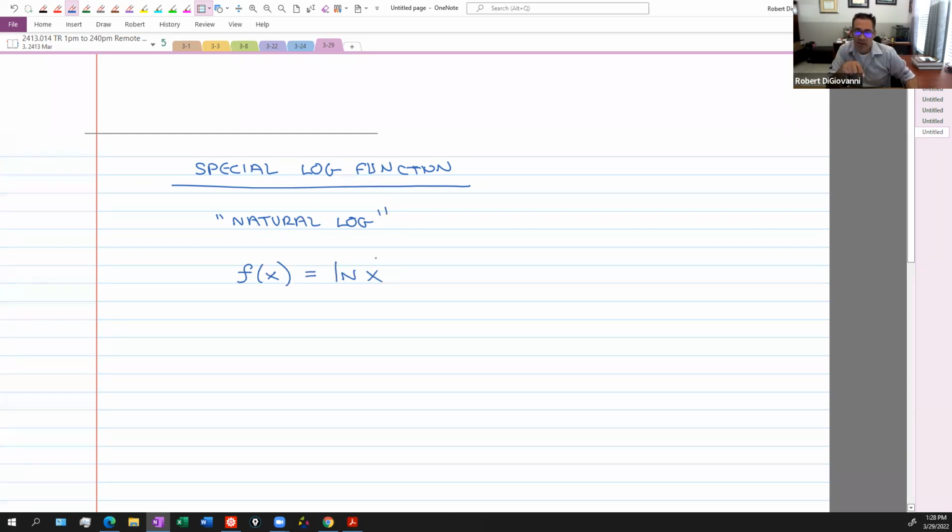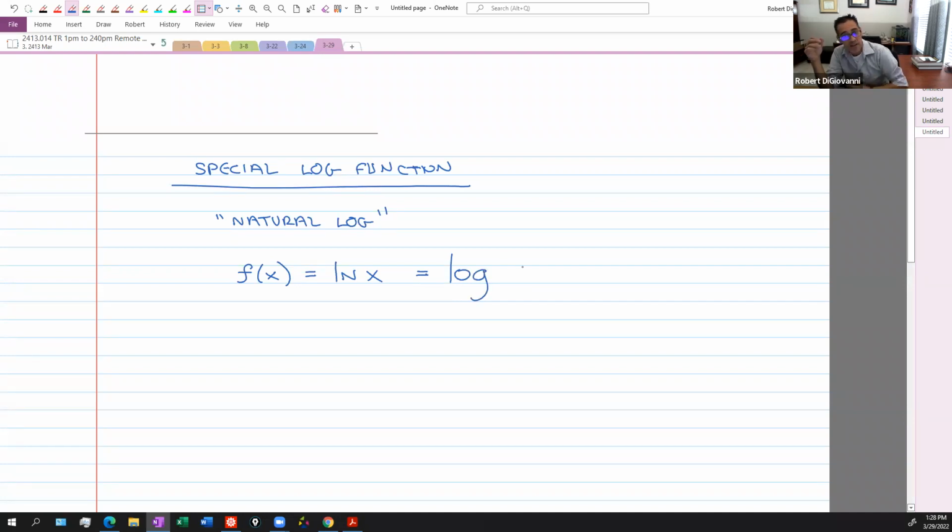That's not an I, that's not "in", it's ln. It stands for logarithm natural. Like in French, a lot of times they do it backwards from how we do it. Instead of saying natural log, they say logarithm natural. So that's why it's ln.